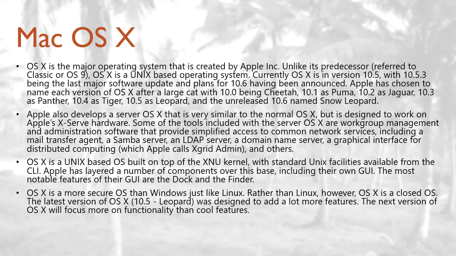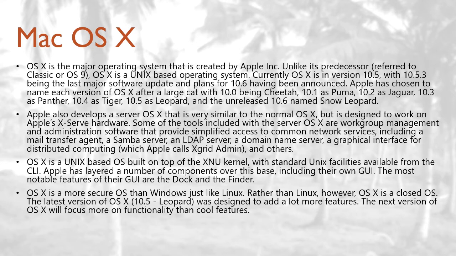Let's talk about Mac OS X. OS X is the major operating system that is created by Apple. Unlike its predecessor, referred to as Classic or OS 9, OS X is a Unix-based operating system. Currently, OS X is at version 10.5, with 10.5.3 being the latest major software update and plans for 10.6 having been announced.